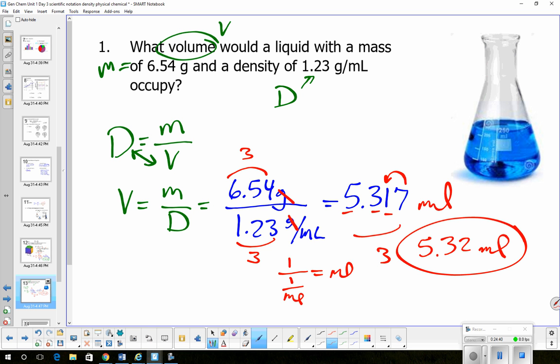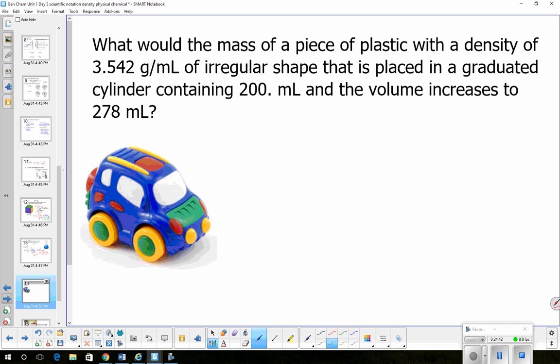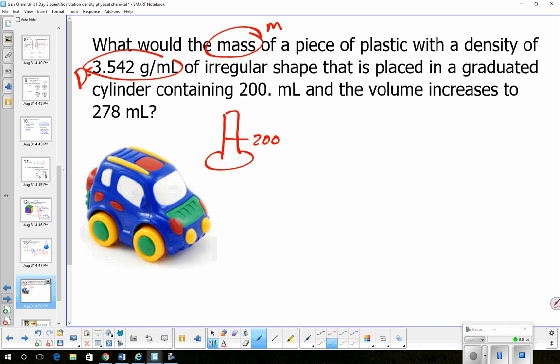All right, going forward. What would the mass, so this time again I'm looking for mass, of a piece of plastic with a density of an irregular object that is placed in a graduated cylinder containing, and again, I'm a very visual person, containing 200, and the volume increases to 278, both of those milliliters.